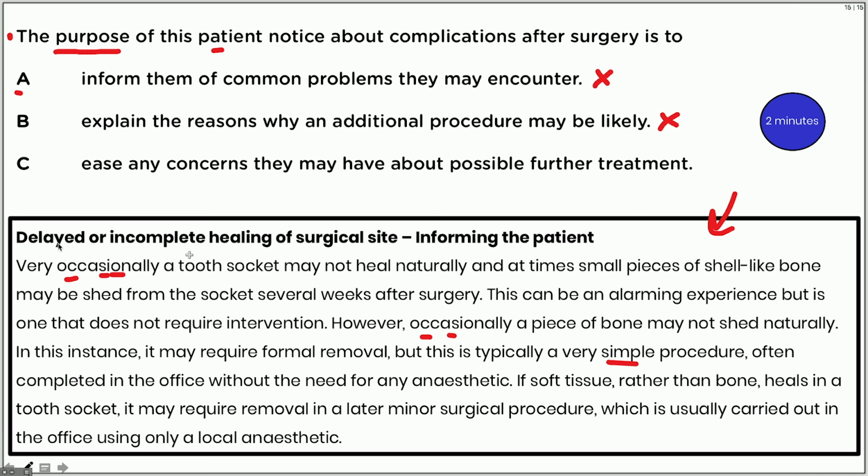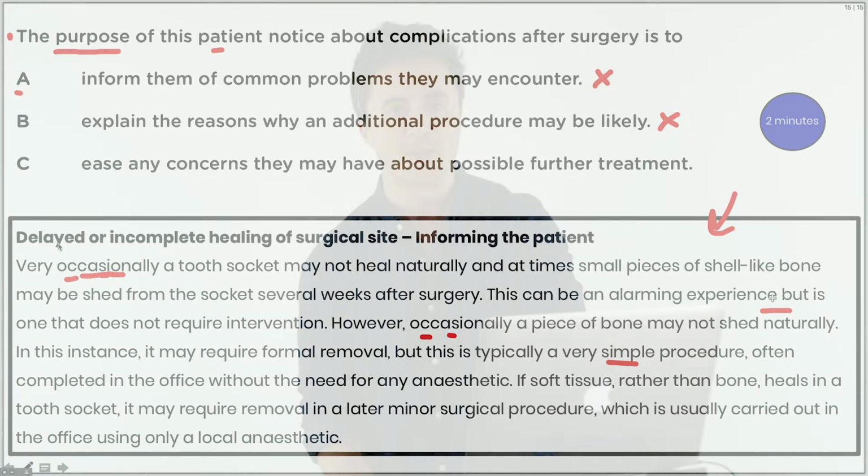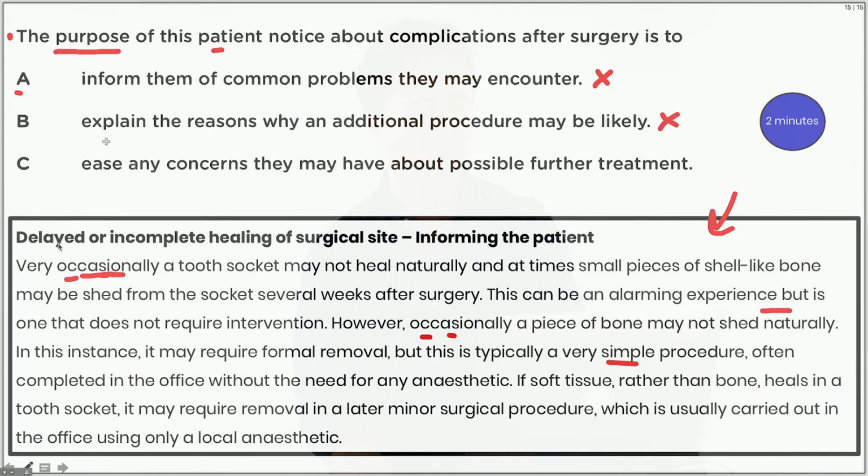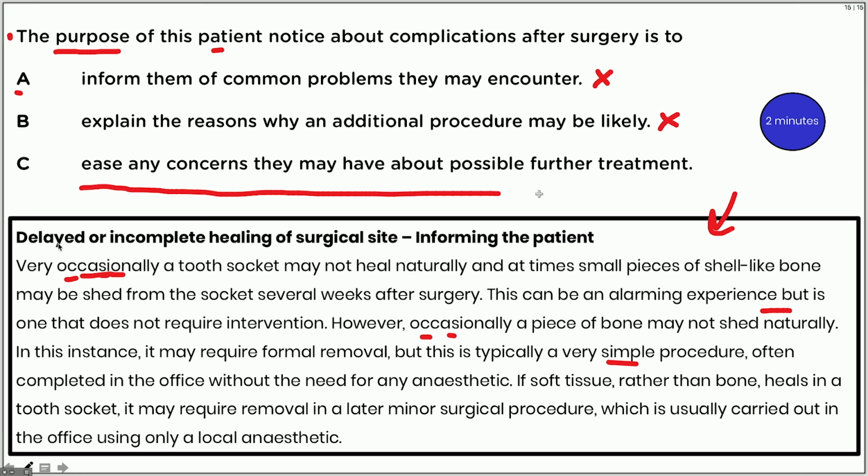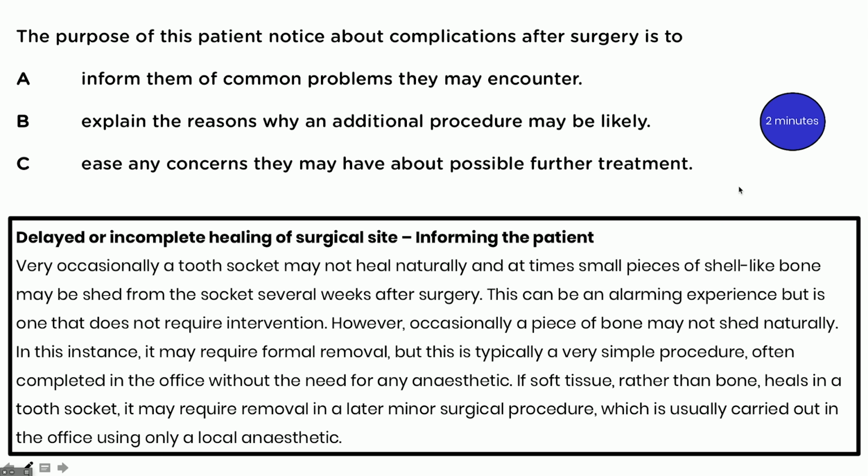Words like simple and occasionally, and this can be an alarming experience, but... all of this language also has a bit of a tone to it. And the tone is that it's saying, don't worry, it's going to be okay. It's not a big issue. So the purpose is to ease any concerns the patient may have about possible further treatments. I think that one's pretty clearly right.